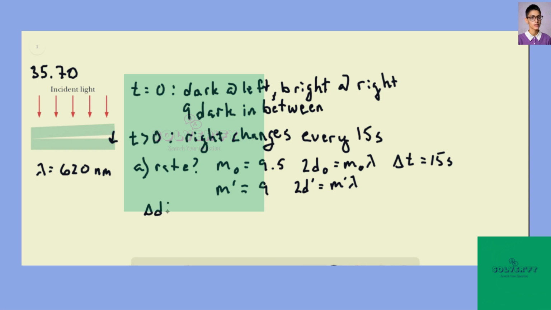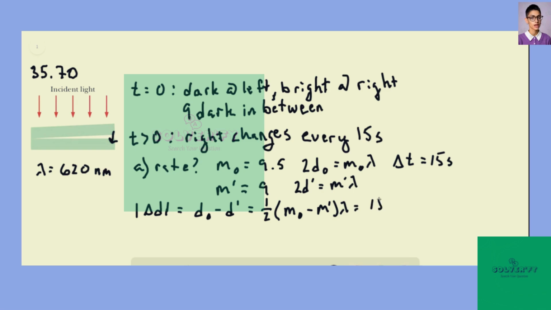So the change in the spacing, and we just care about the absolute value of it, is going to be the initial separation minus the next separation. This will be 1/2 m naught minus m prime times lambda.